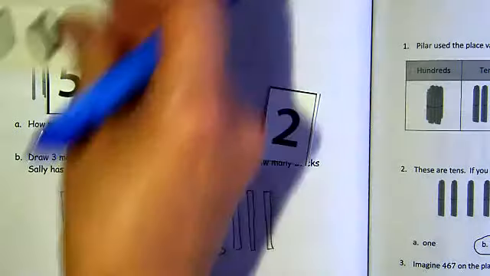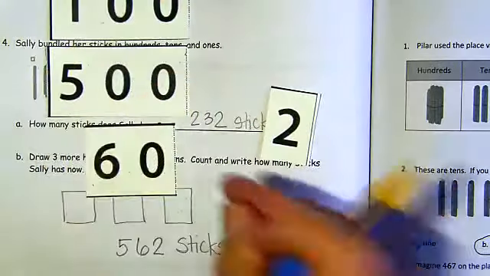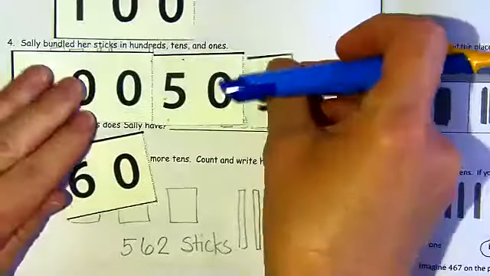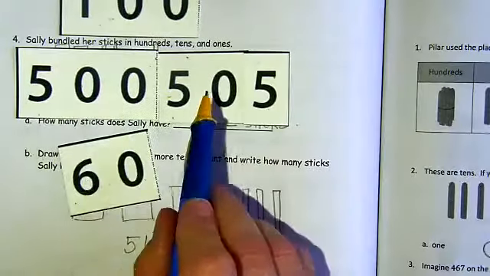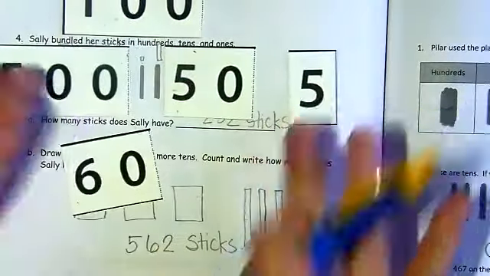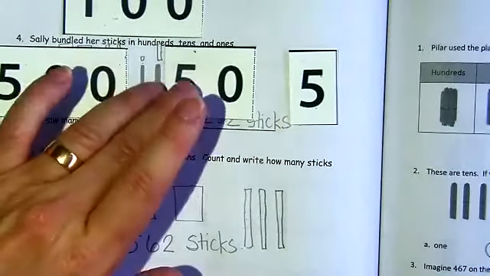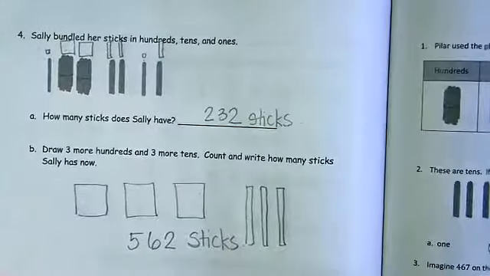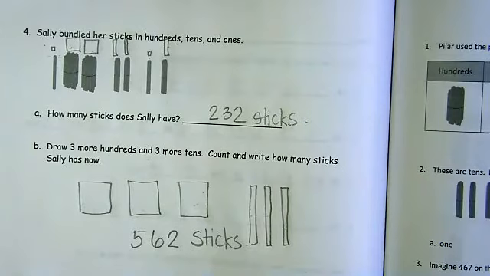So you're cutting off the 100, and then it looks like this on your paper. You have the 500, the 50, and the 5. You want to cut those apart so that you have a 500, a 50, and a 5 for each of those numbers. And those are going to help you as we do more of this work.